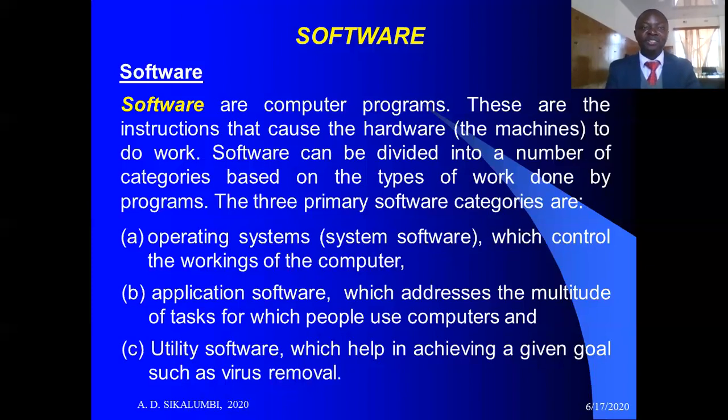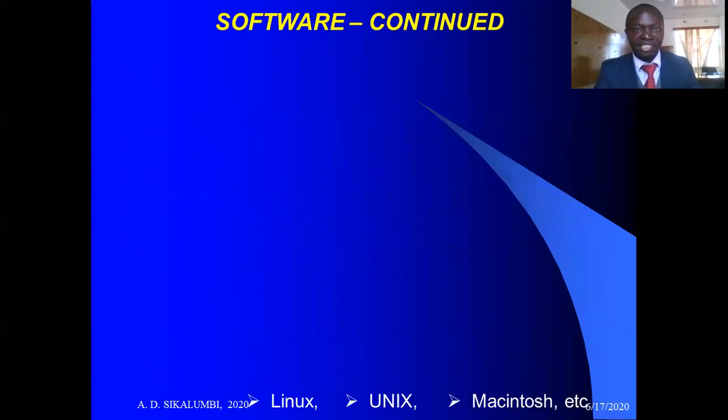So you need to install some software on your phone so that you clean all those junk files. And when you clean, your phone will be faster than it was. So utility software, these are software meant to bring efficiency and effectiveness in the operation of the computer. We've got a number of examples like antivirus, among other software.